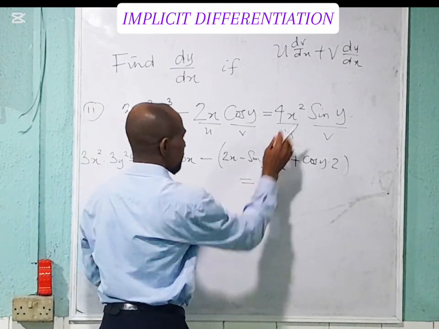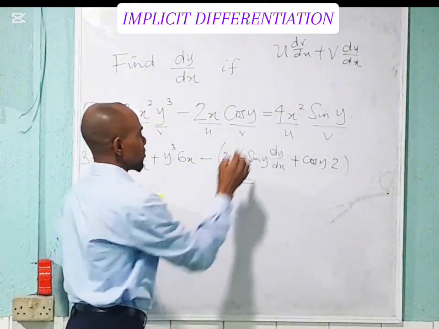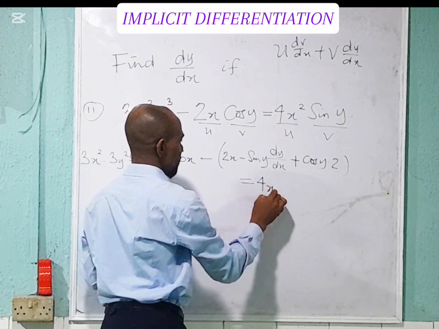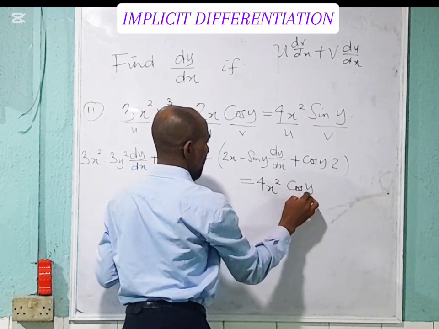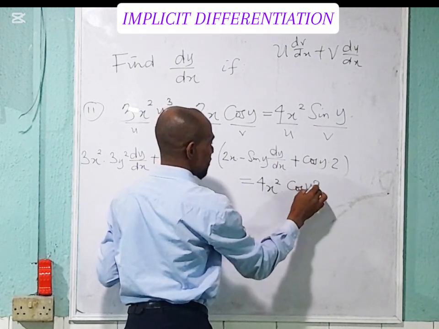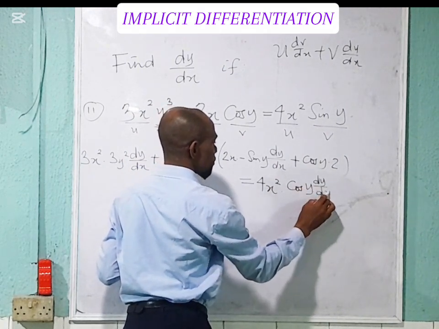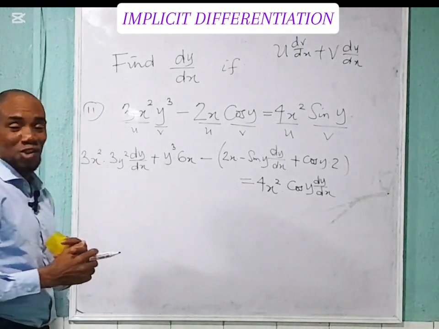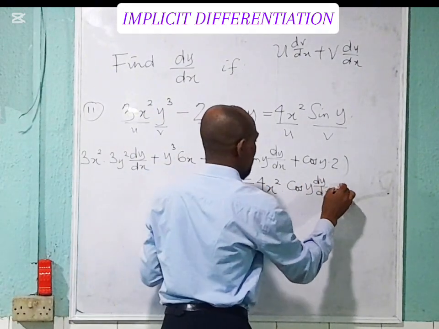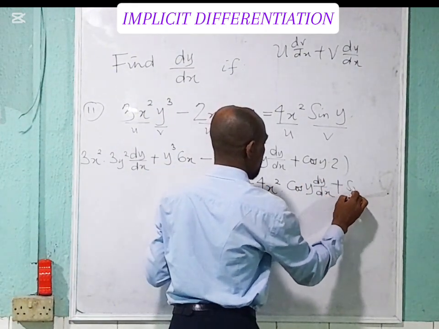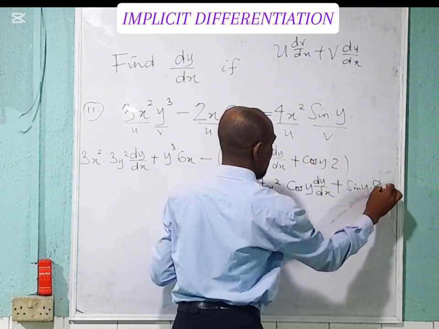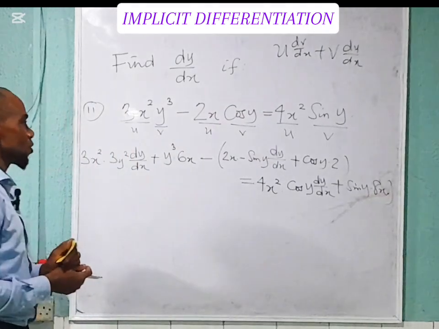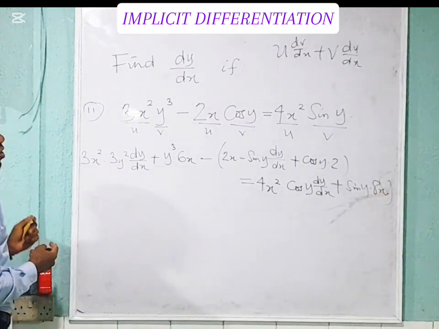Now equals, for the right hand side, my u is 4x squared. Differentiating my v is what? Cos y. Again, because I'm dealing with the y, by differentiating, I must instantly replace with dy/dx. Now plus v, my v is sin y. Differentiate u, that will be 8x. So at this juncture, we just open the brackets and go like that.